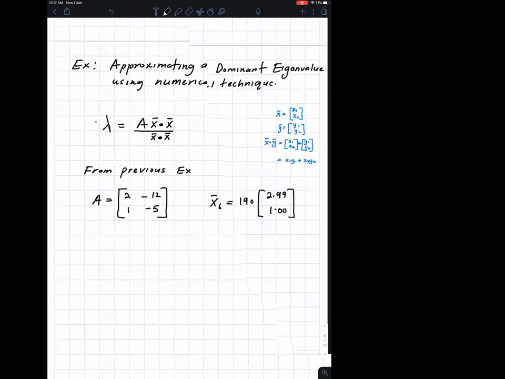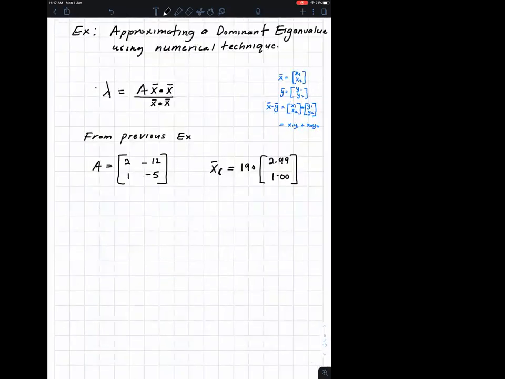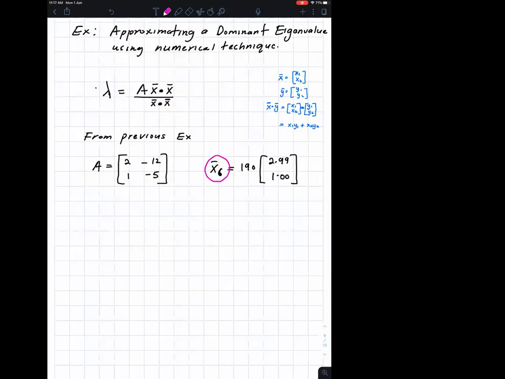So this is the vector we're going to be using here. In this problem, our x is actually the x bar.